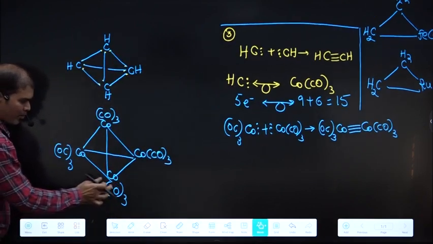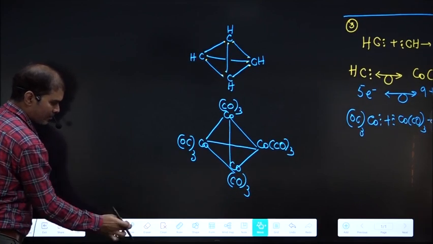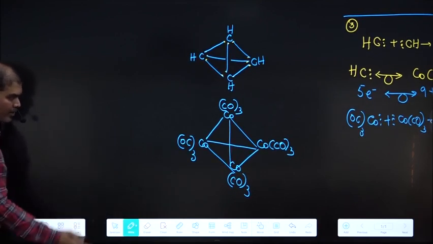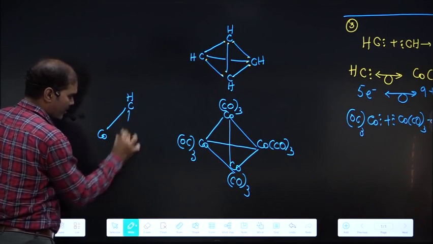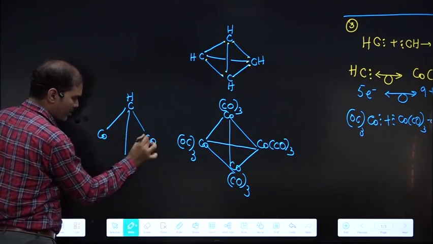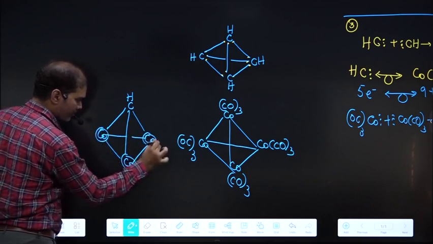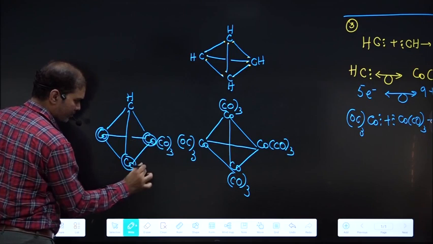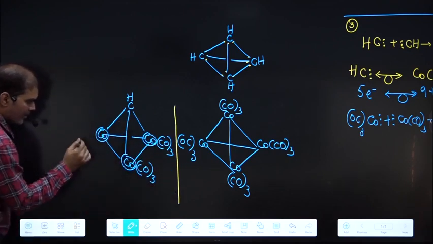So this is also existing. Next, in the place of cobalt, what structures can I replace? In the place of cobalt, I can just replace with a CH. I can put remaining 3 cobalts. Now this is your previous exam question.